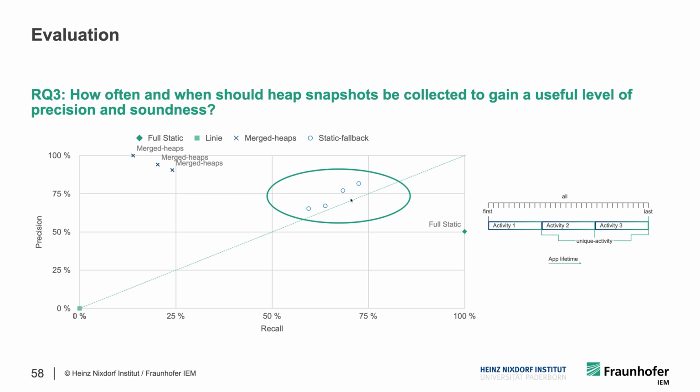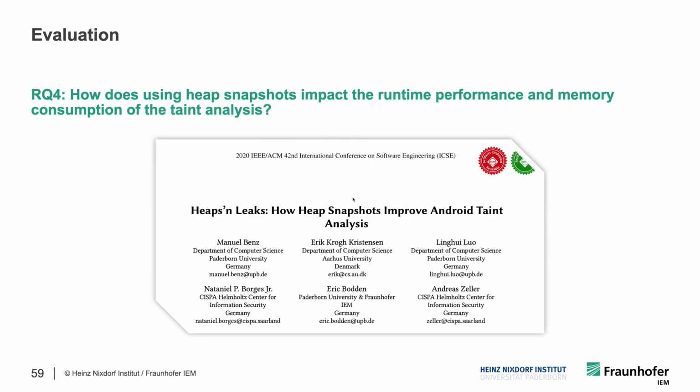Yeah, and like I said, there are many more details in the paper. In particular, we also evaluated how the heap snapshots impact the runtime performance and memory consumption of the taint analysis. You can imagine if you augment the static information, then obviously your static analysis will also run longer because just more information needs to be taken into account.